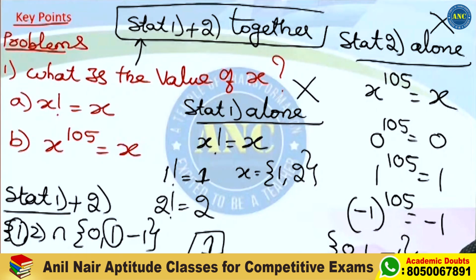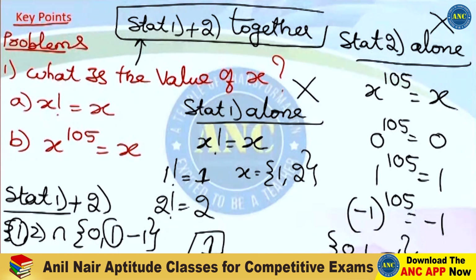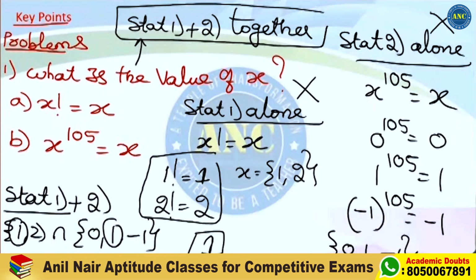If it is not clear, what is not clear? Please ask me doubts in the live chat. x factorial equivalent to x. Factorial is defined for whole numbers, so from 0 onwards: 1, 2, 3 and so on. 1 factorial is 1, 2 factorial is 2, so 2 values satisfy.